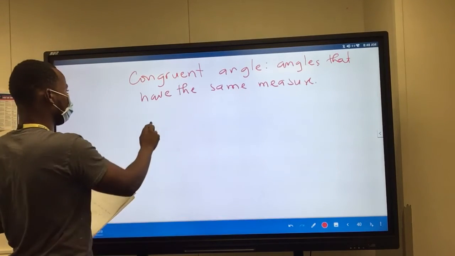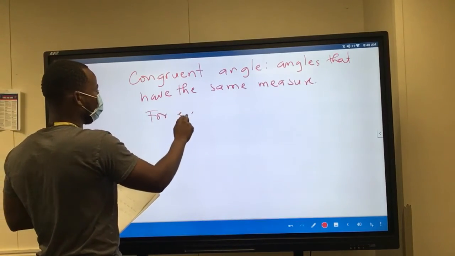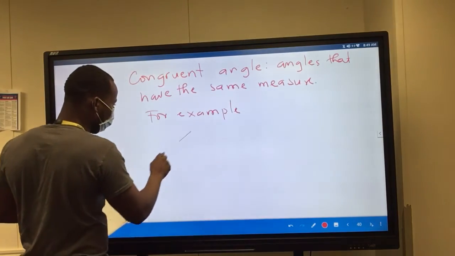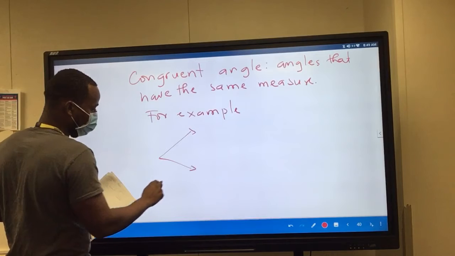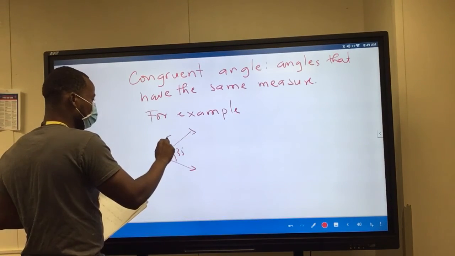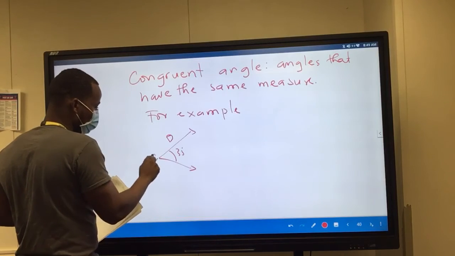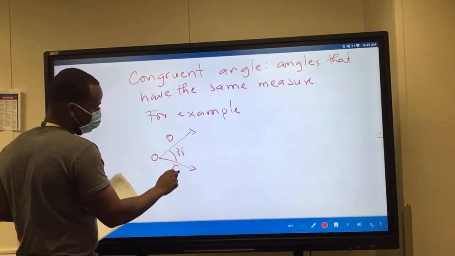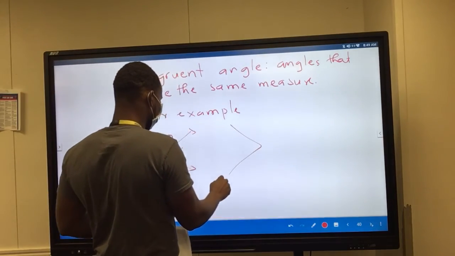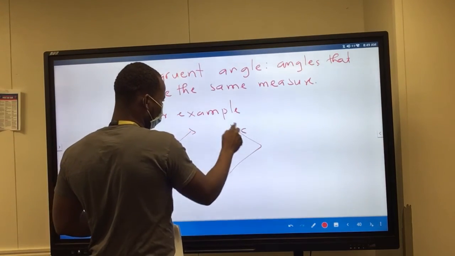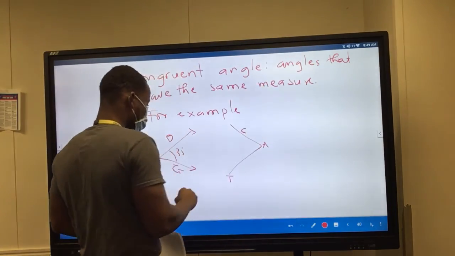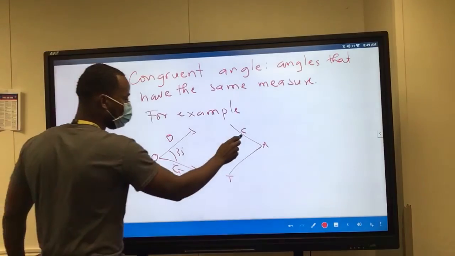For example, remember this is a ray. I have an angle and this is 35, and I name it D, O, G. Then I have another angle facing here, which is C, A, T. Remember how we name, and this is also 35.